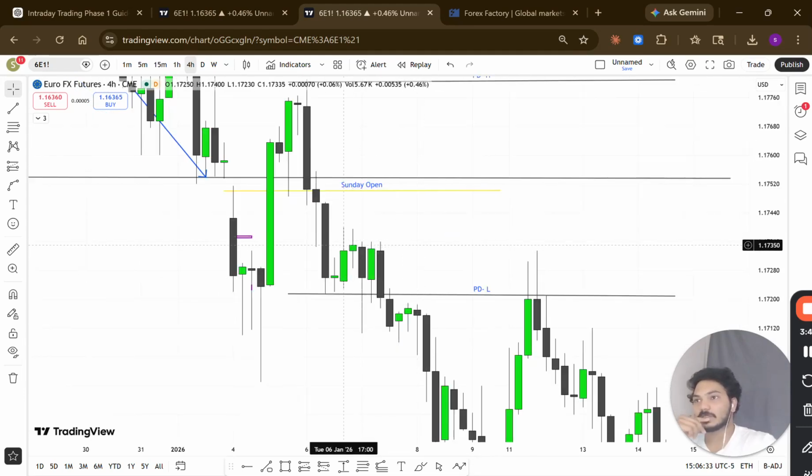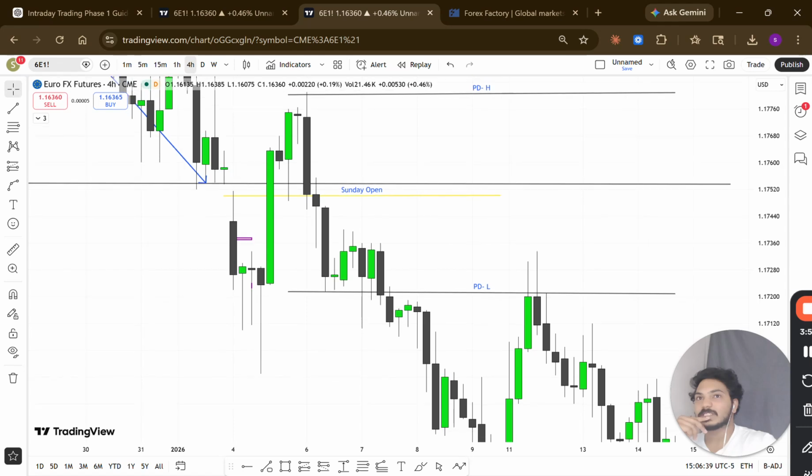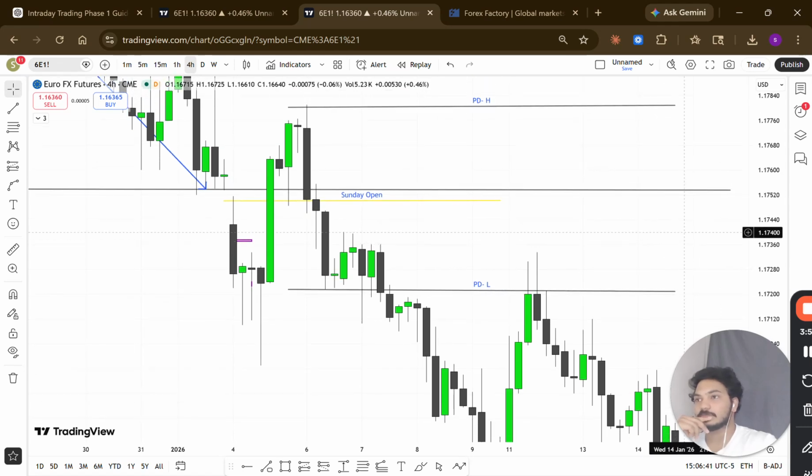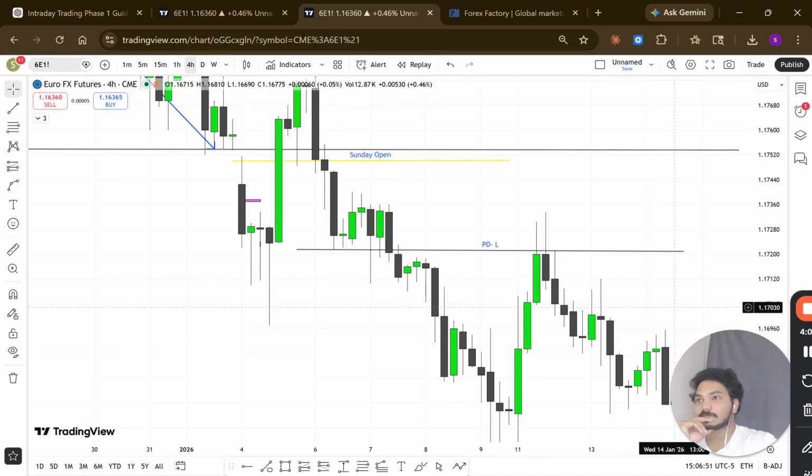This is the open handle on the 4-hour. So our bias is bearish, and we would look to hit the previous day low and continue bearish from there on.